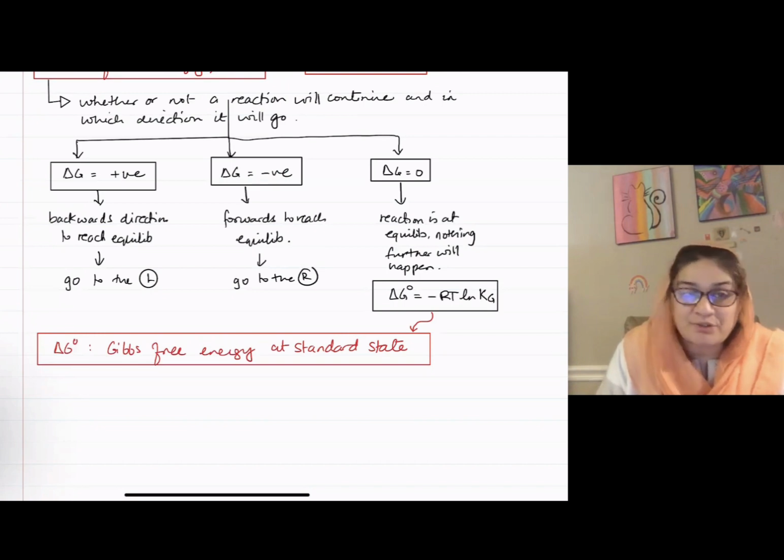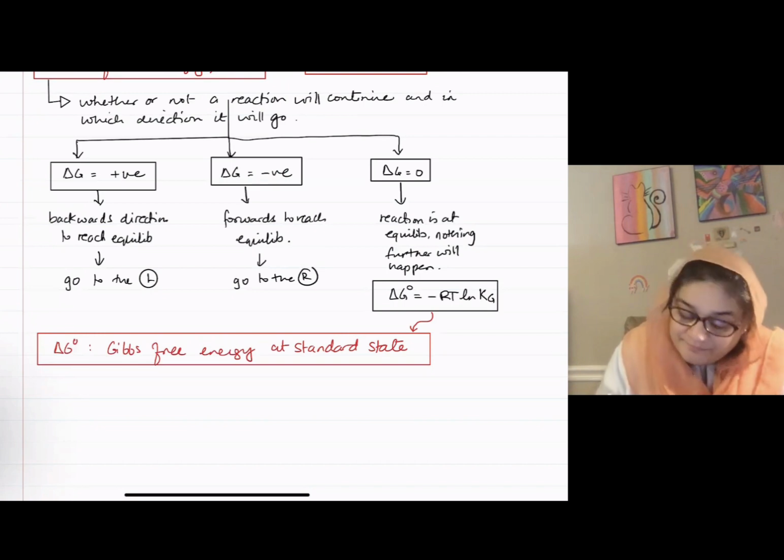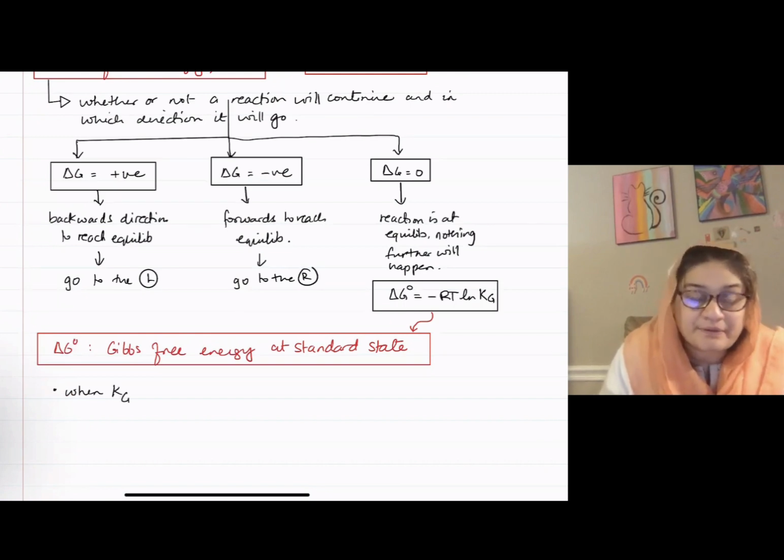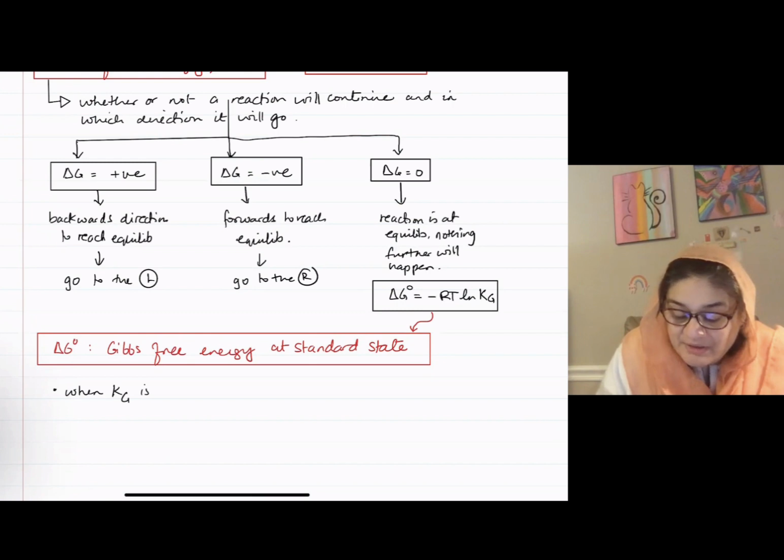So in general, when the value of Kg is greater than 1, the reaction is spontaneous.